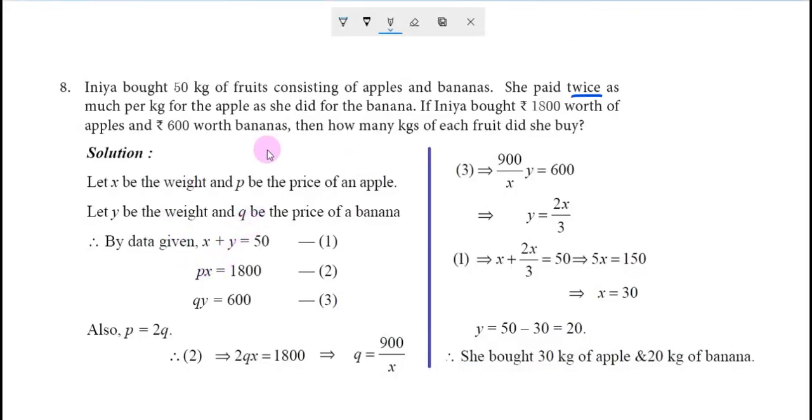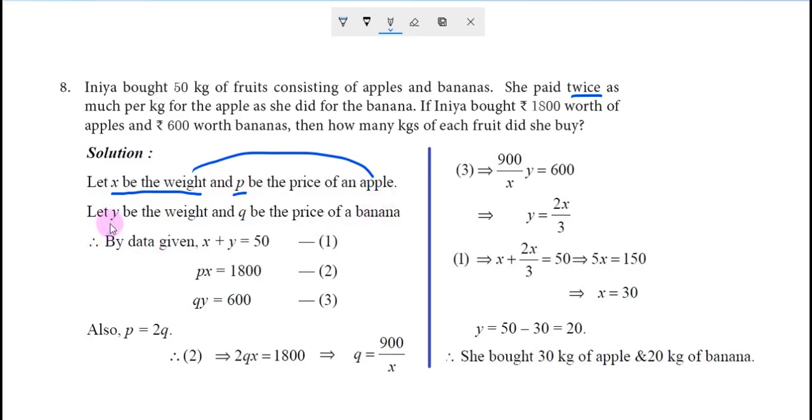Okay, now if Inia bought rupees 1800 worth of apples and 600 worth of bananas, then how many kgs of each fruit did she buy? So let x be the weight of the apple and p be the price of apple.